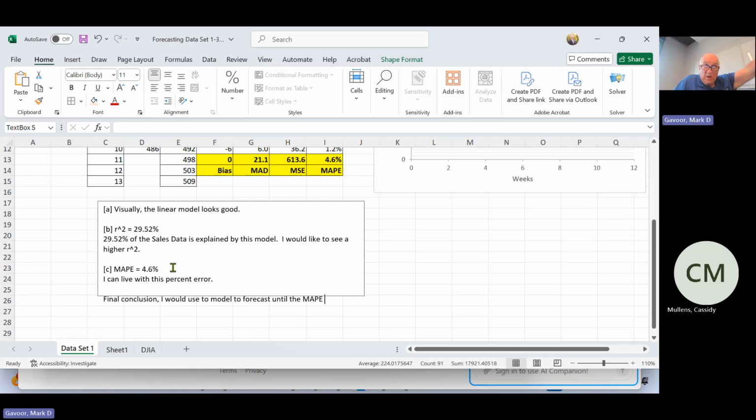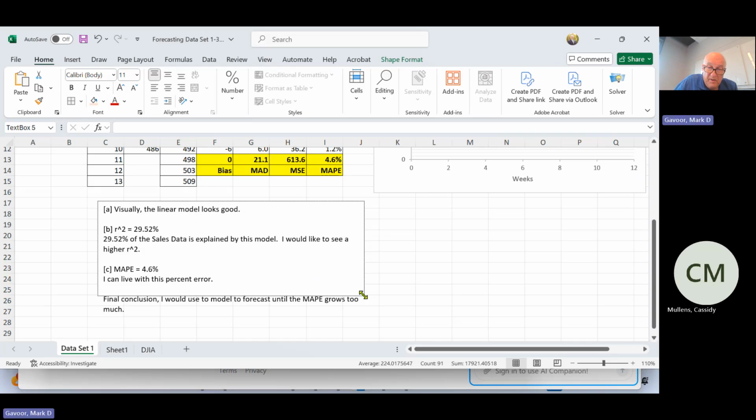Because remember, it's going to be going up all the time. And I don't know that my sales are going to go up all the time. If I forecast 100 years from now, it's going to be a huge number. And probably my company will be out of business well before that. Until the MAPE grows too much. How much is too much? I don't know. I'll know it when I see it.